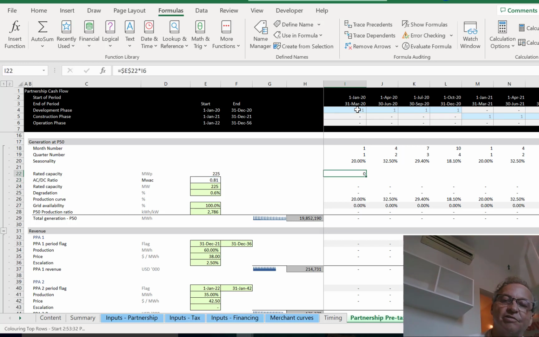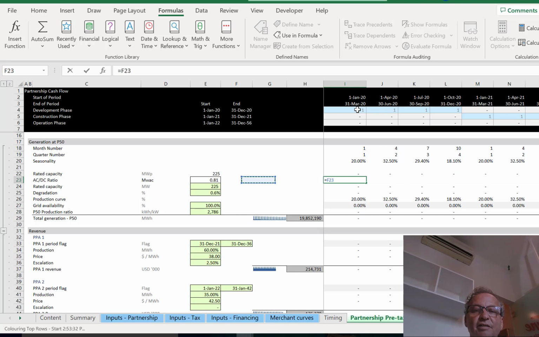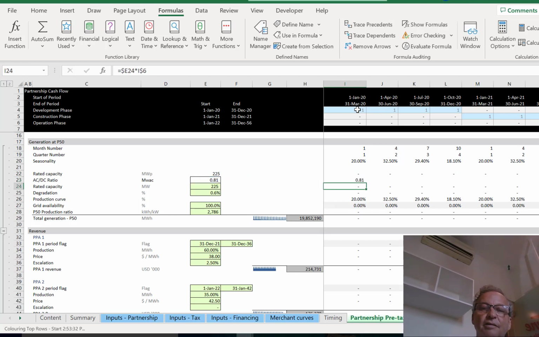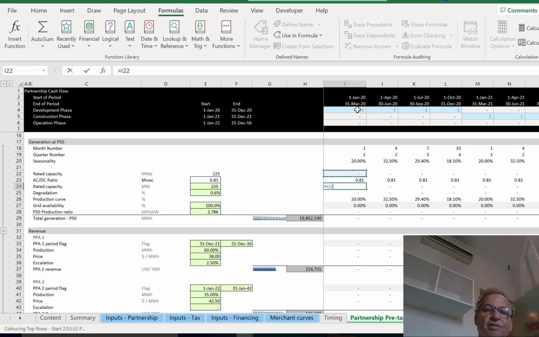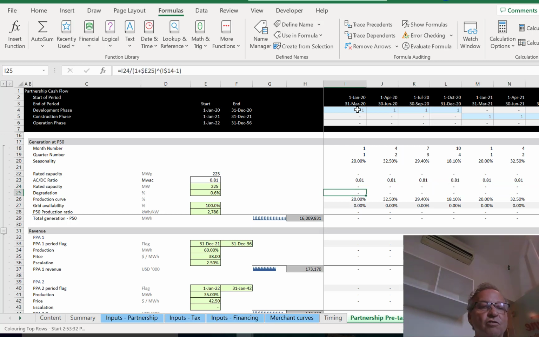That's probably what you should do. Okay, and then we can, if we want, carry this forward. And this time let's just multiply this by that, so we really didn't need the input, but what the heck. And now we're going to do all of our production curve, which is, what the heck is this?